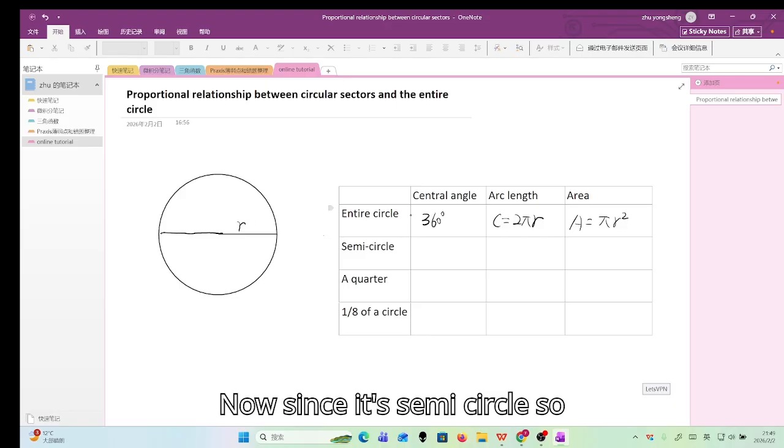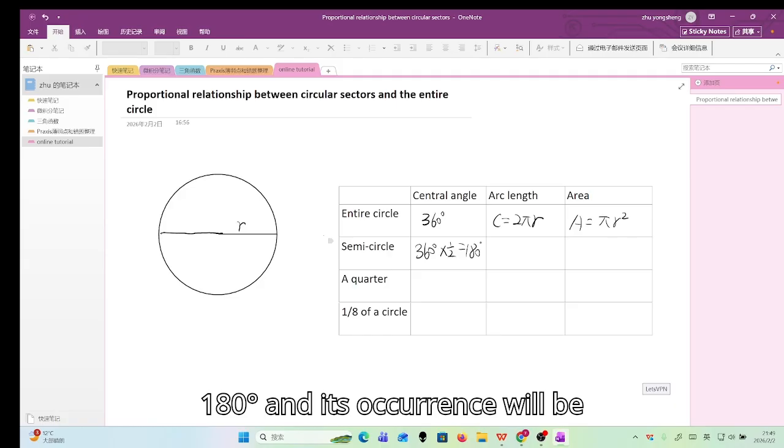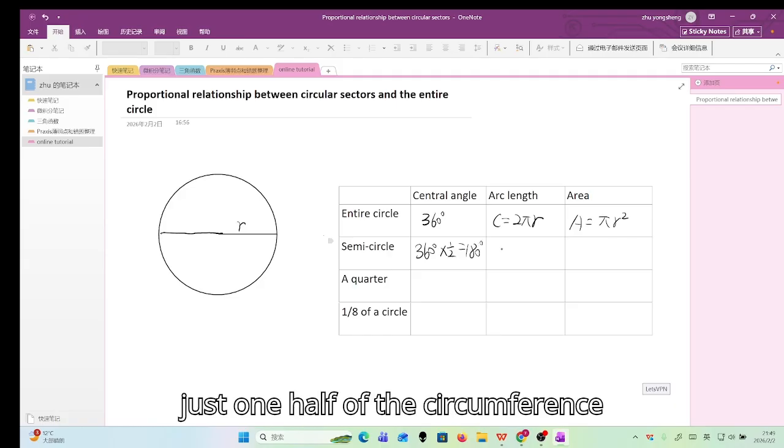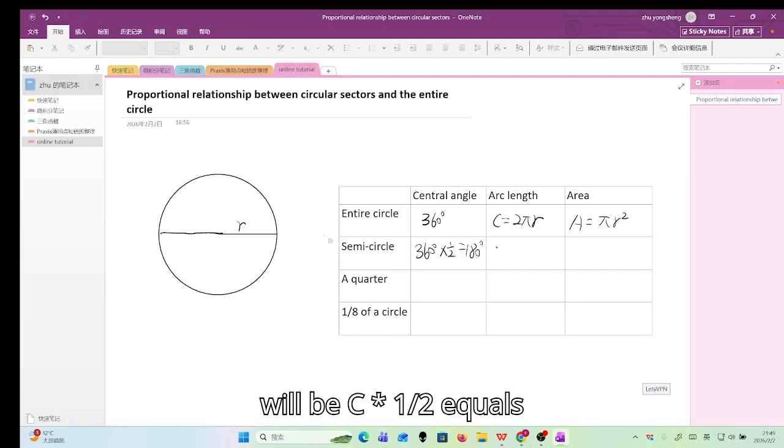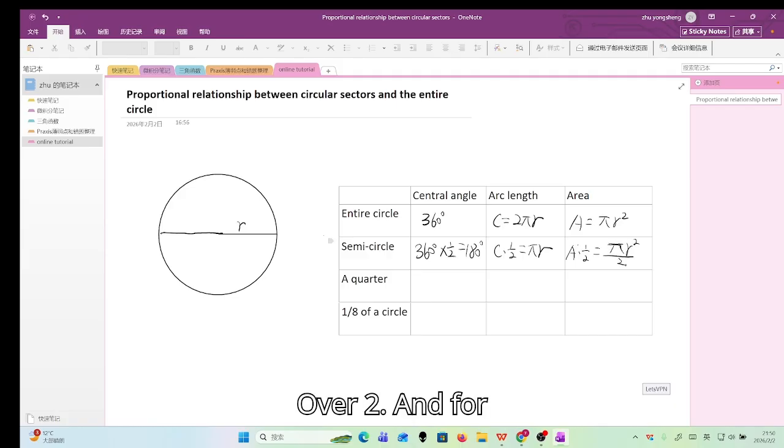Since it's a semicircle, the central angle will be 1/2 of 360 degrees, which equals 180 degrees, and its arc length will be 1/2 of the circumference, C times 1/2 equals pi r, and the area will be 1/2 of the area, which equals pi r squared over 2.